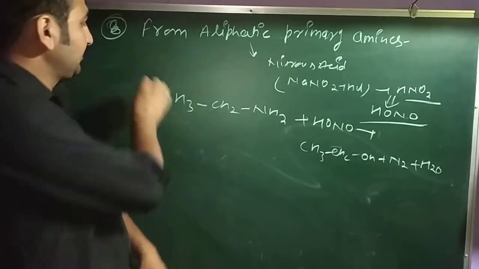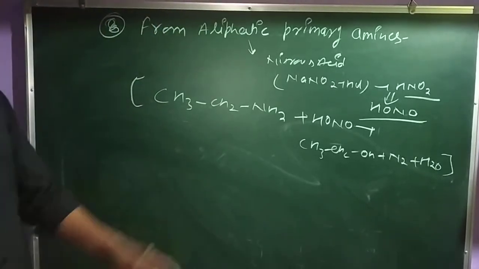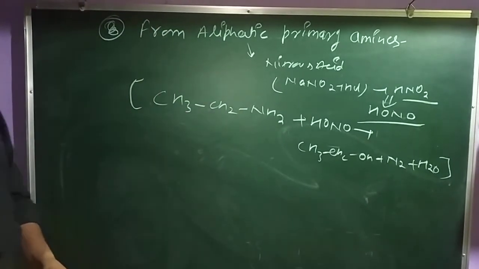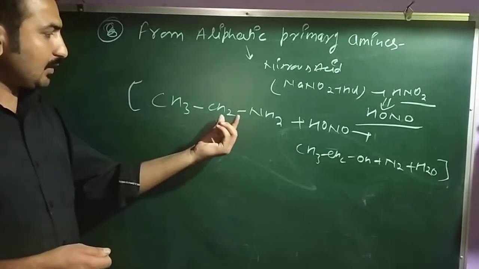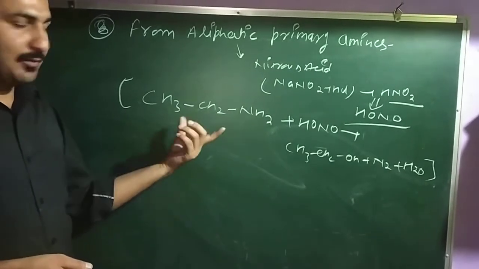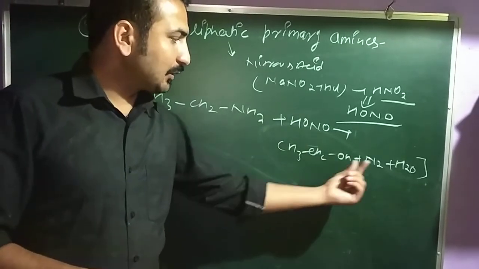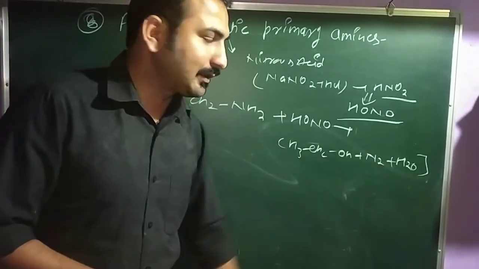This is your reaction called the preparation of alcohol from aliphatic primary amines. The primary amine, that is aminomethane, reacts with nitrous acid to give the alcohol with nitrogen gas and H2O.